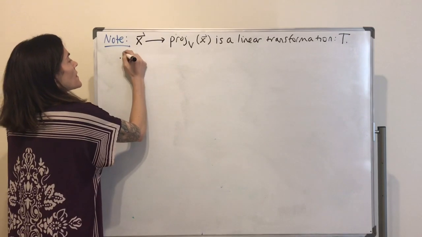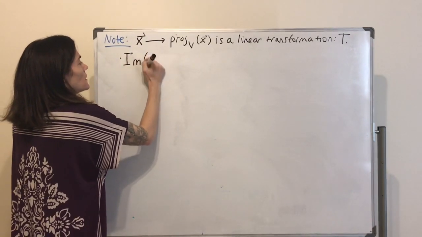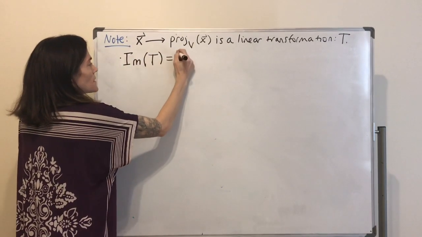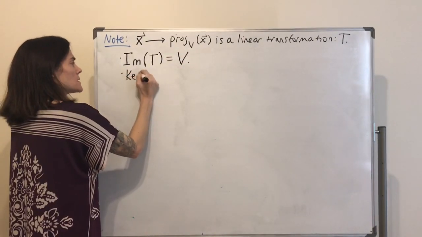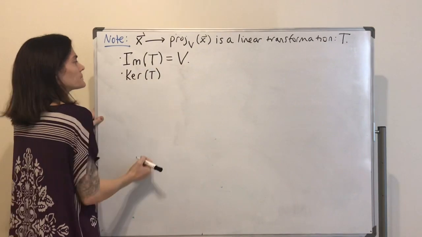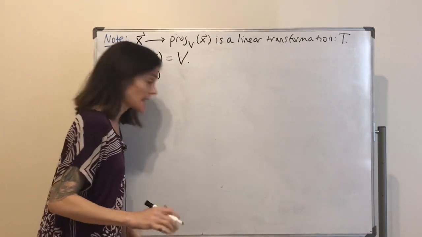Okay, what do we know? We know the image of T is V itself. But then what's interesting is the kernel, this has a name.